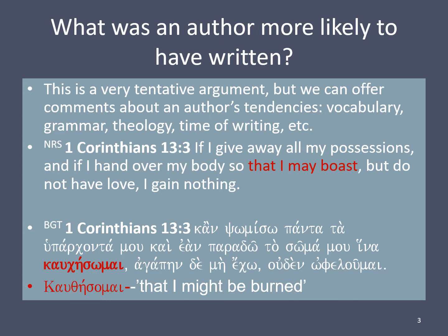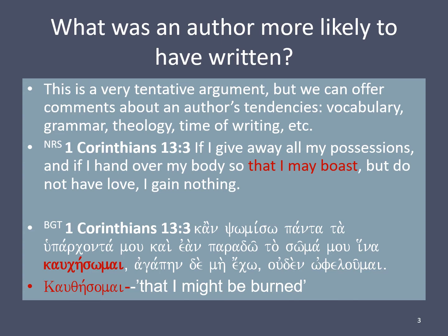Let's take an example. In 1 Corinthians 13, verse 3, we read this in the New Revised Standard Version: If I give away all my possessions, and if I hand over my body so that I may boast, but do not have love, I gain nothing. Notice the Greek. The phrase, so that I may boast, is translating hina kaukesomai. Now, notice the word below on the slide, kauthesomai.